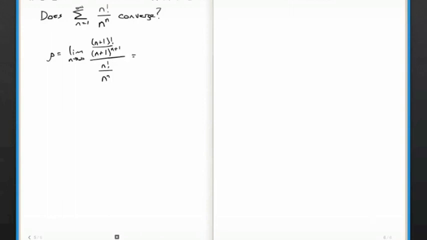Then invert and multiply as we always do. You never thought you'd do so much inverting and multiplying in calculus, did you? n plus 1 factorial over n plus 1 to the n plus 1 times n to the n over n factorial.